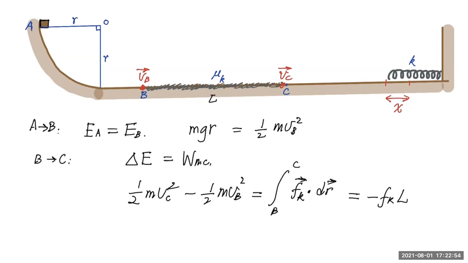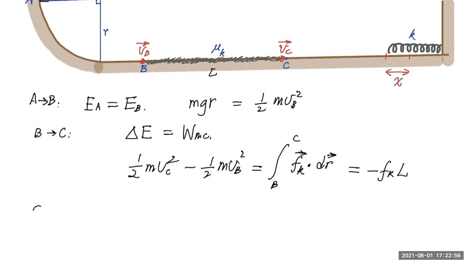Right? Now from C to the final spot, when the spring is fully compressed at point D, so C to D. You still again have conservation of energy because there's no more friction at work. So you have EC equals ED, right?